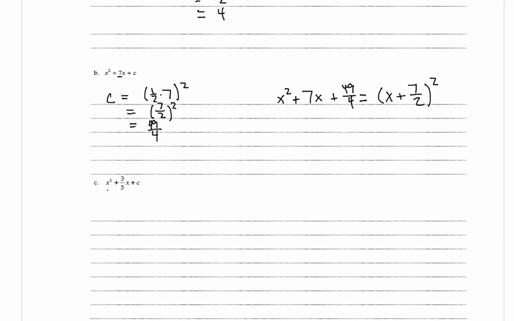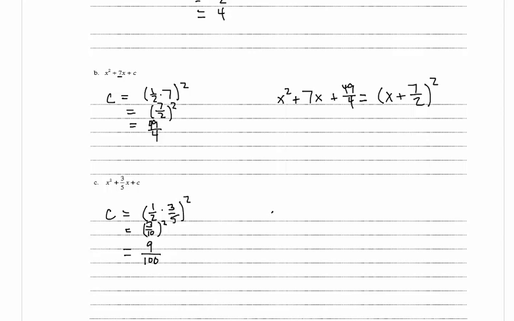In c, we have x squared plus 3/5 x plus c, so c is equal to 1 half times 3/5, squared, which is equal to 1 half times 3/5 is equal to 3/10, and now we square it, which is equal to 9 over 100.